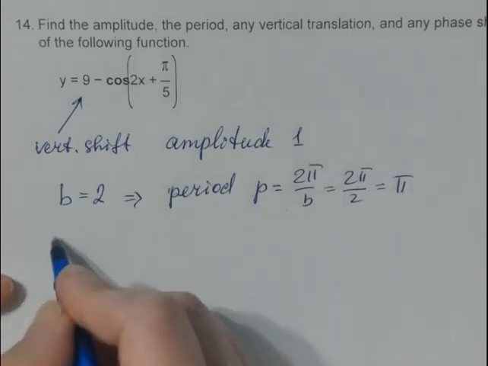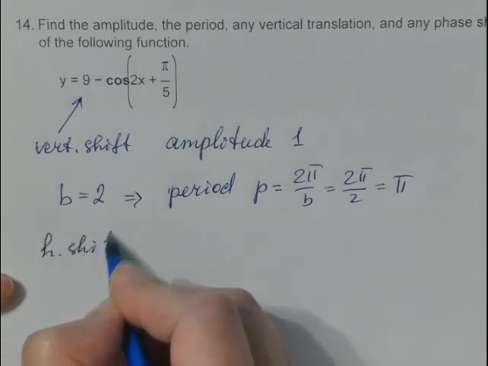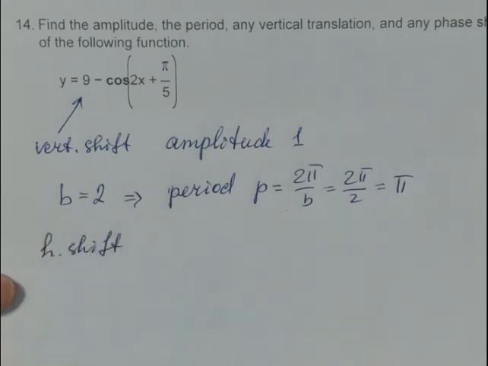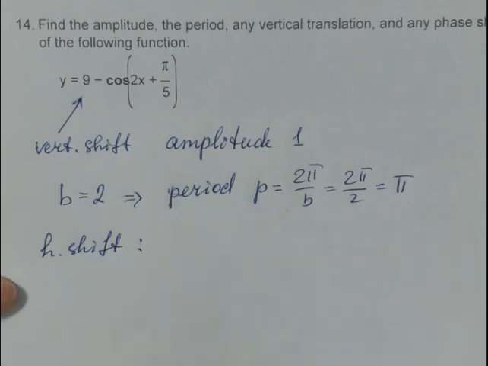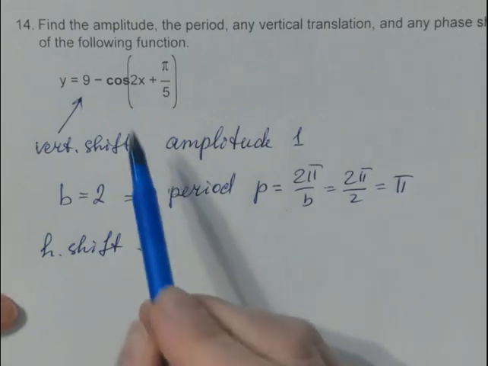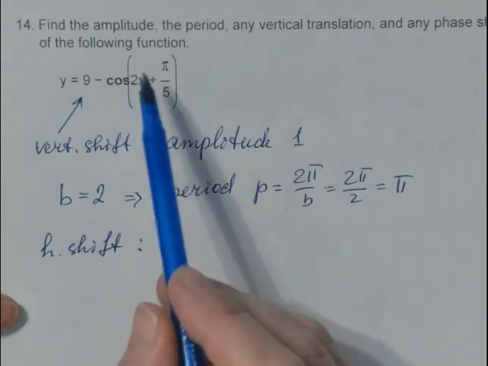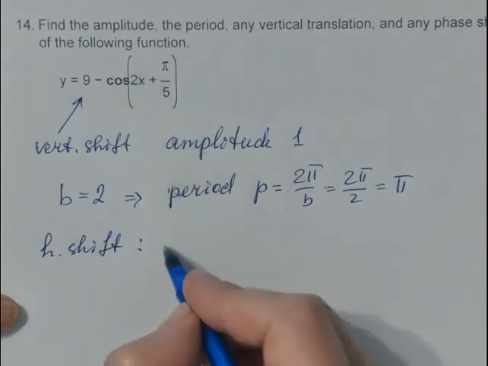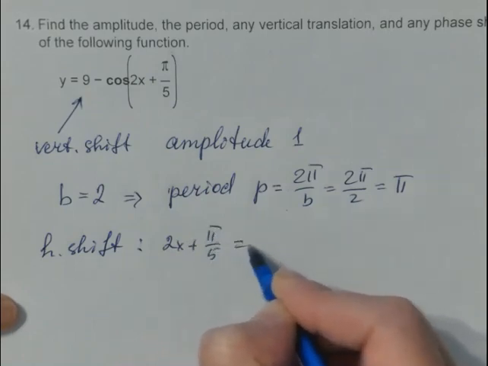And horizontal shift or phase shift. So this is the number that is subtracted from x. Pi over 5 is subtracted from 2x. So first let us factor 2. 2x plus pi over 5.